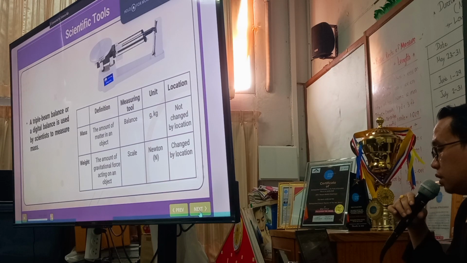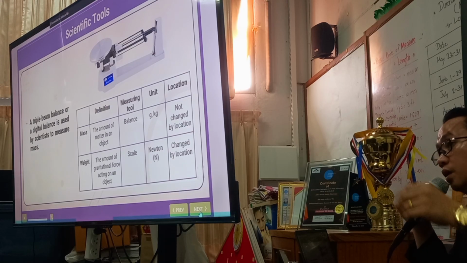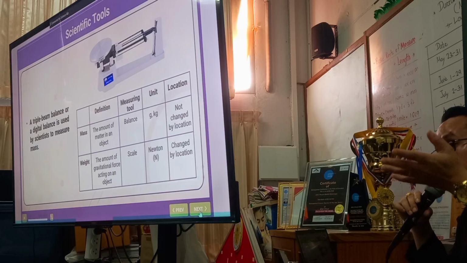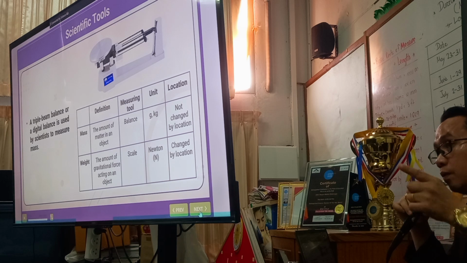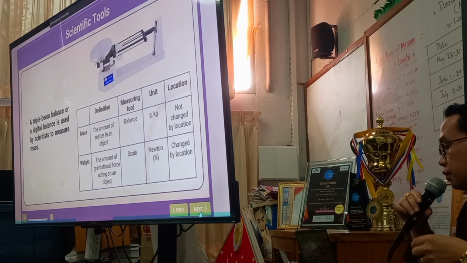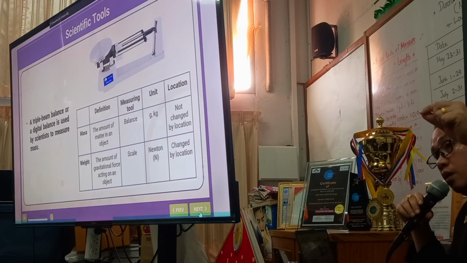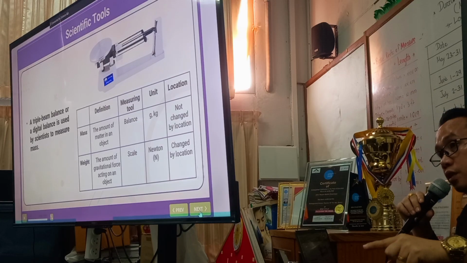Then what is the unit of mass? We can use gram or kilogram. Sometimes we think that weight should be measured in gram or kilogram. But basically, in the scientific process, weight is measured in newtons, due to its gravitational force.